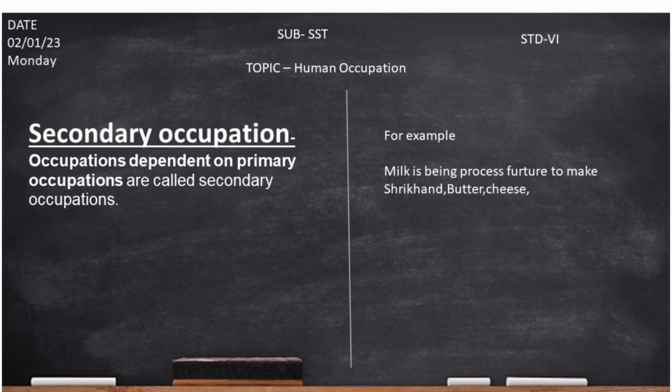The next one for this class is secondary occupation. Secondary occupation is dependent upon the primary occupation. For example, we took milk. Milk is further processed to make different types of milk products. Okay everyone, understood? Yes, teacher. Okay students, I will ask you some questions now.